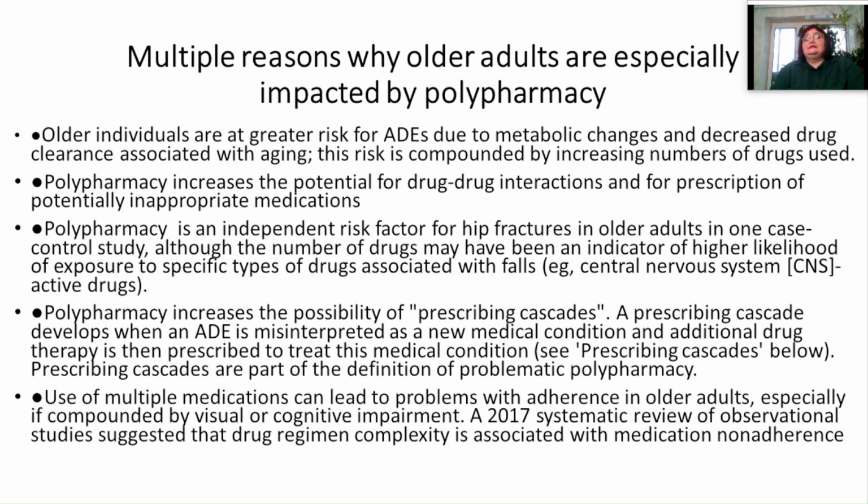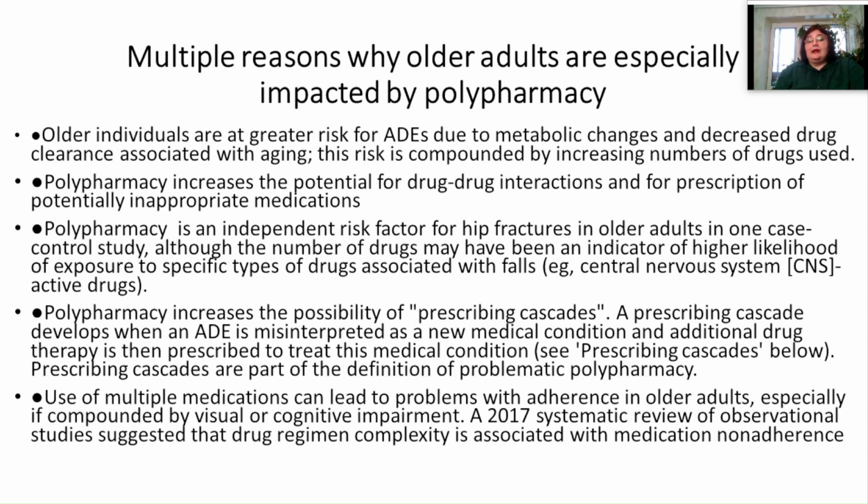Polypharmacy increases the possibility of prescribing cascades. A prescribing cascade develops when an adverse reaction is misinterpreted as a new medical condition and additional drug therapy is then prescribed to treat it. Prescribing cascades are part of the definition of problematic polypharmacy.